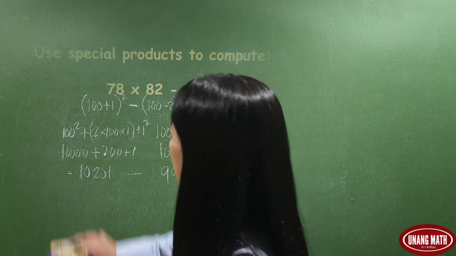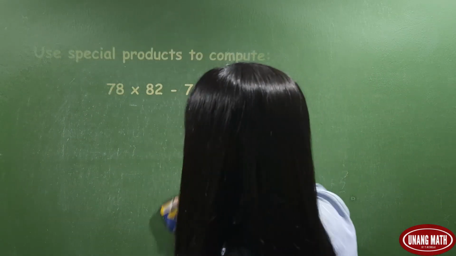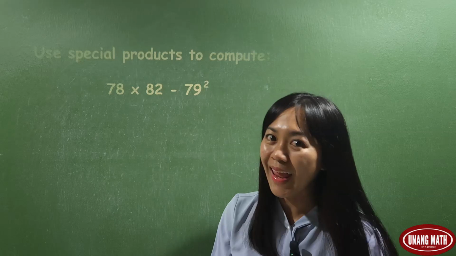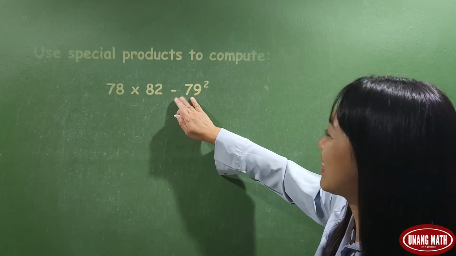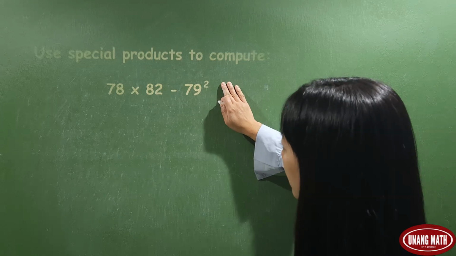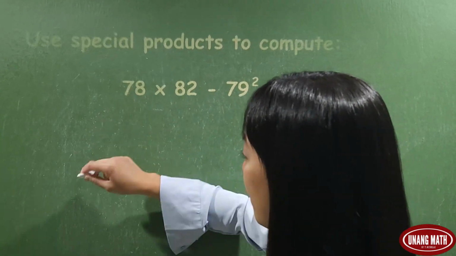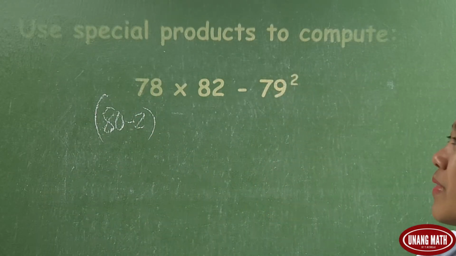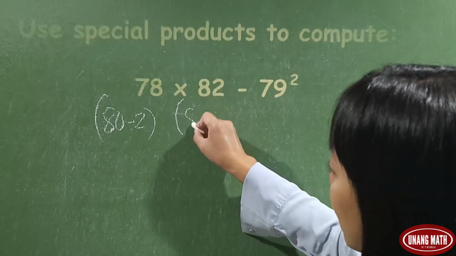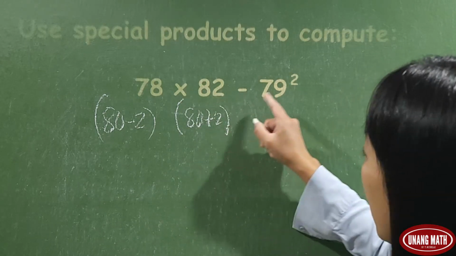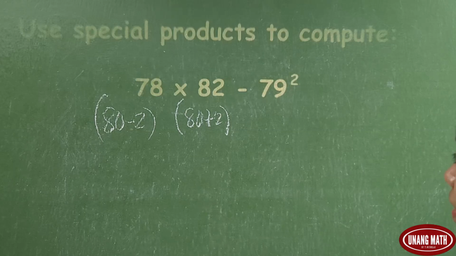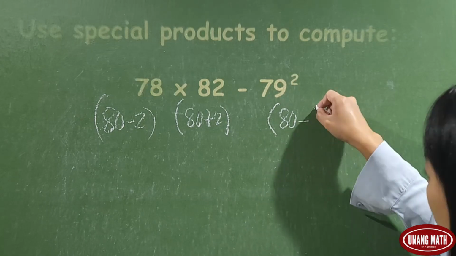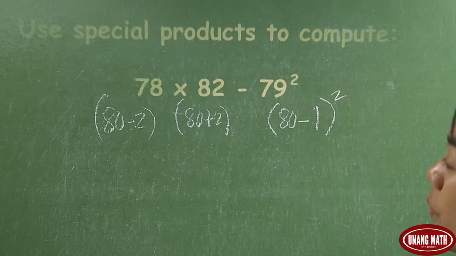Okay, how about this another problem? We will use also special products to compute for 78 times 82 minus 79 squared. Okay, in here, for 78, you can write this one as 80 minus 2. 82 can be written as 80 plus 2. 79 squared, this can be written as 80 minus 1, and this is squared.